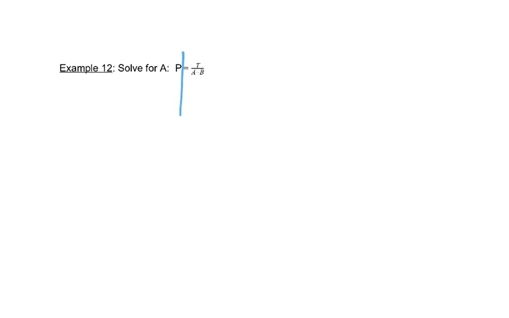Okay, this one's a little bit different. So in the bottom we have a minus b, and I told you that quite often the best way to get started on these problems is to multiply by whatever that denominator is. And that's true for this as well, but we need to put it in parentheses. So I'm going to multiply by a minus b on the right and multiply by a minus b on the left.